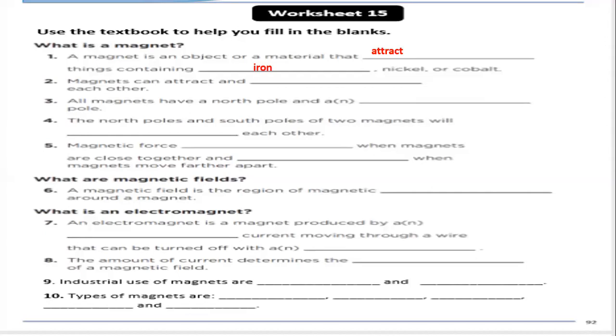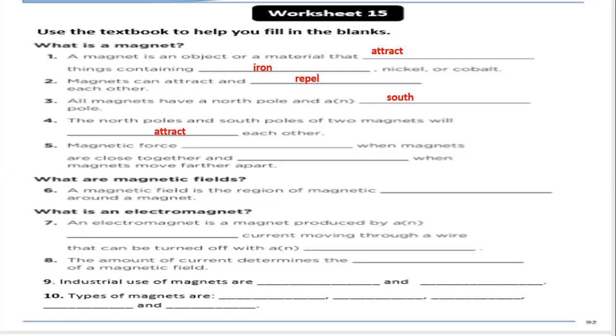Number two, magnets can attract, and what do they do when two alike poles face each other? They repel, so they can attract or repel each other. Number three, all magnets have a north pole and a south pole. Number four, the north poles and south poles of two magnets, if they are facing each other, are going to attract each other.